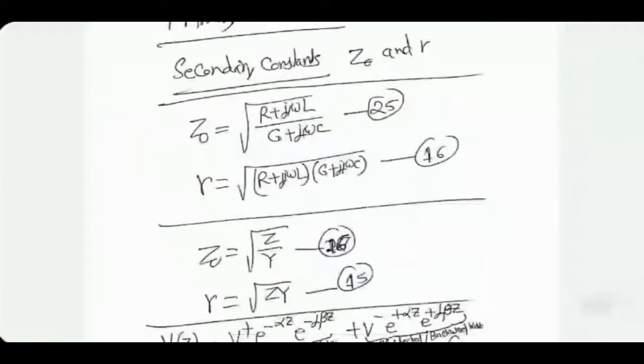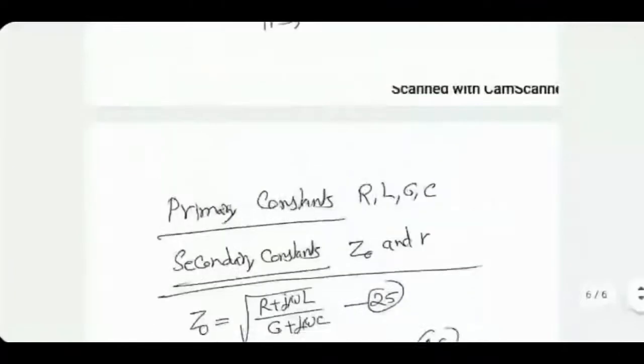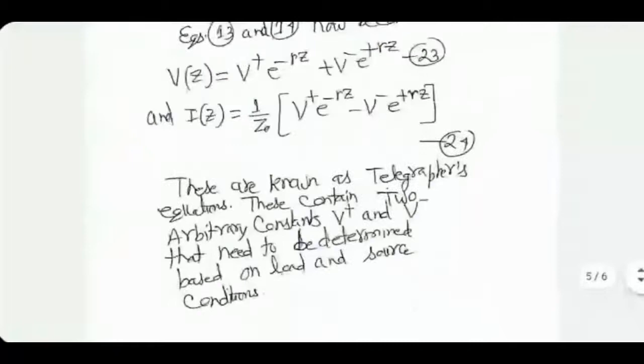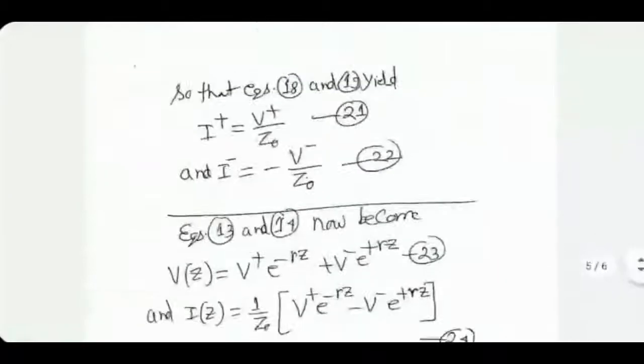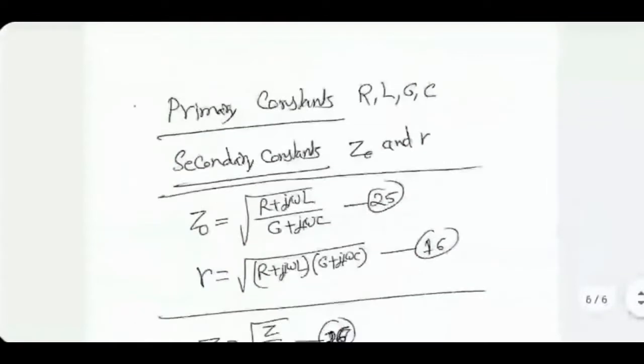Z naught, you can easily see, was supposed to be Z divided by gamma, and gamma is square root of Zy. So Z naught becomes square root of Z divided by Y.